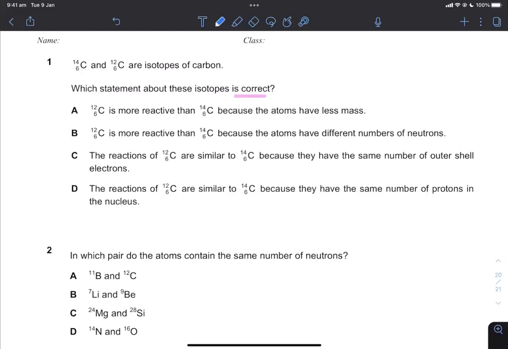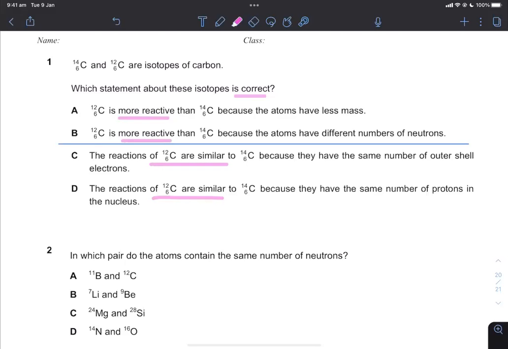Now the first thing here is, you will see A and B are together because if you look at the options, they say more reactive and more reactive, whereas C and D say similar reactions. So this first option is saying that isotope 12 is more reactive than isotope 14 because it has lesser mass.